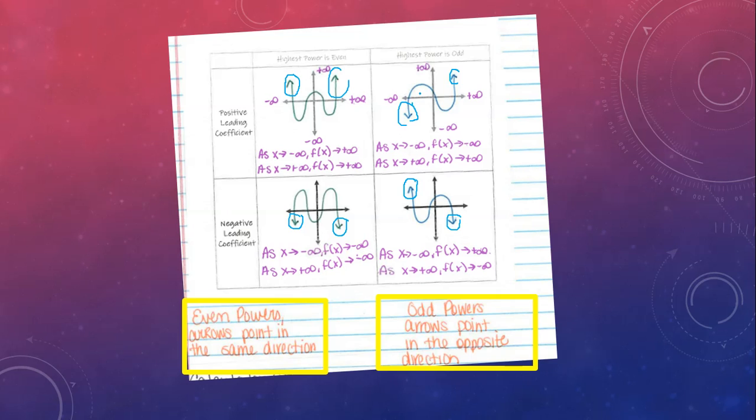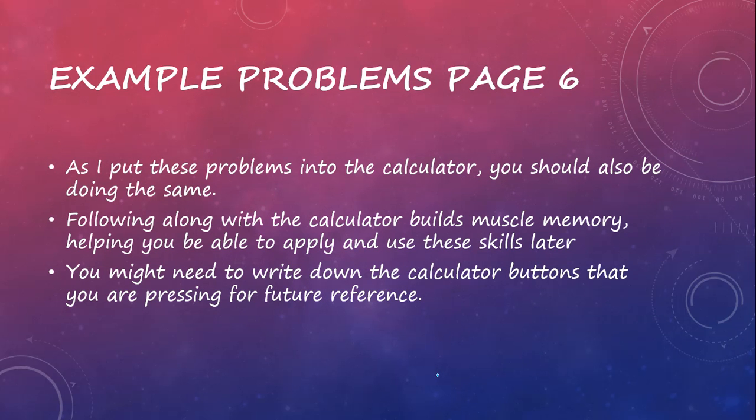So make sure your table is all filled out, and underneath you have added: even powers, arrows point in the same direction, and odd powers, arrows point in the opposite direction. The examples page this time is not going to be a handout. We're just going to write them down.